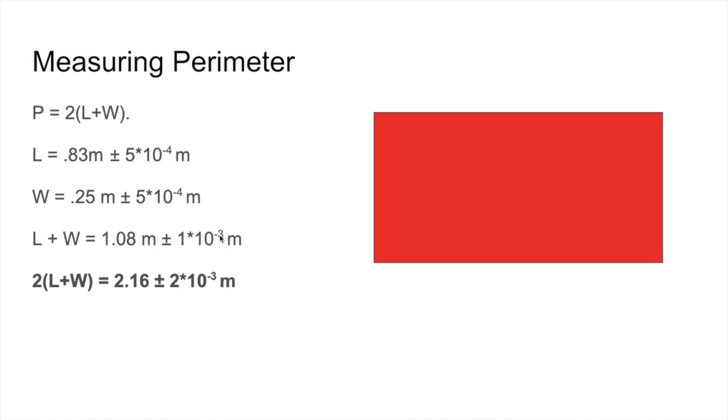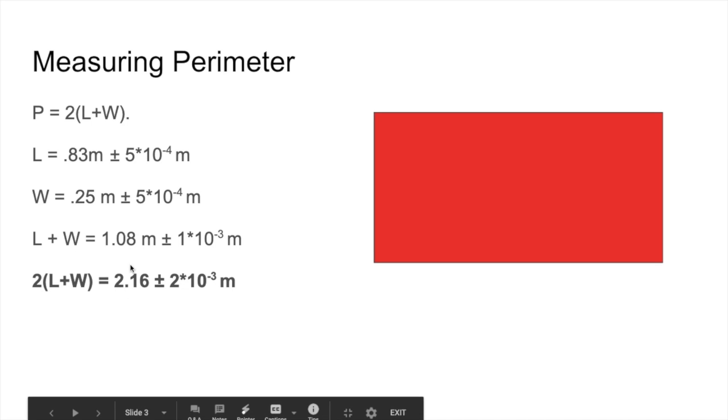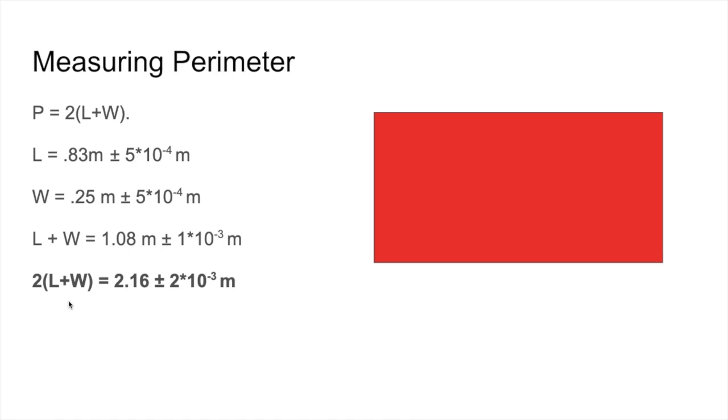Then I multiply this whole result by 2, which means multiplying the measurement and also the uncertainty by 2. Since 2 is just a number with no uncertainty, it doesn't affect our uncertainty in any special way. You just do the math as you normally would.